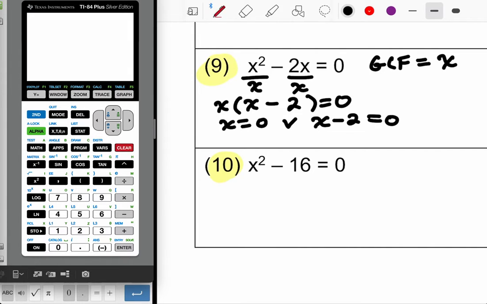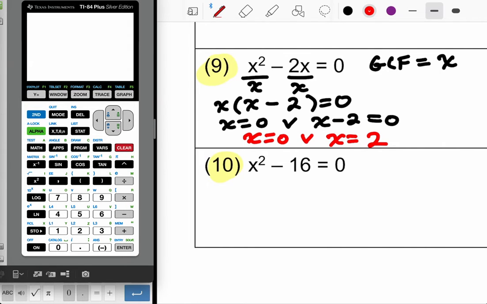In which case I would get solutions of x equals 0, or, now when you add a 2 to both sides, you don't have to show this step if you don't want to. You could do plus 2 plus 2, or you could skip that because it's pretty straightforward. x is equal to 2. All right. So, like I said, once you identify the approach, it's not bad. But if you attack this problem as if it's a trinomial or you think it's a difference of 2 perfect squares, then you run into some trouble.